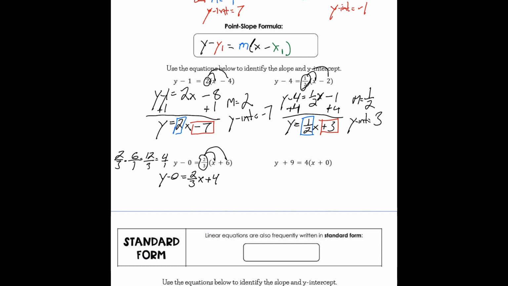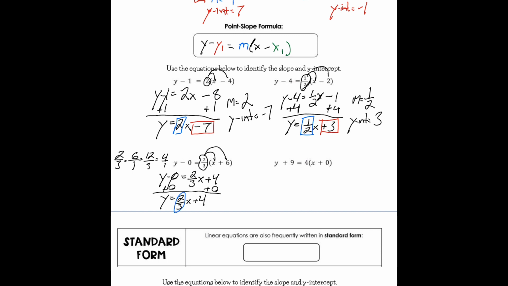Okay, I have a y minus 0. Really, that just can kind of go away, but to continue using the same pattern we have been, we'll show you that. So I can say plus 0 plus 0. The zeros on the left will cancel. That leaves me with y equals 2/3 x. 4 plus 0 is just still 4, so plus 4.